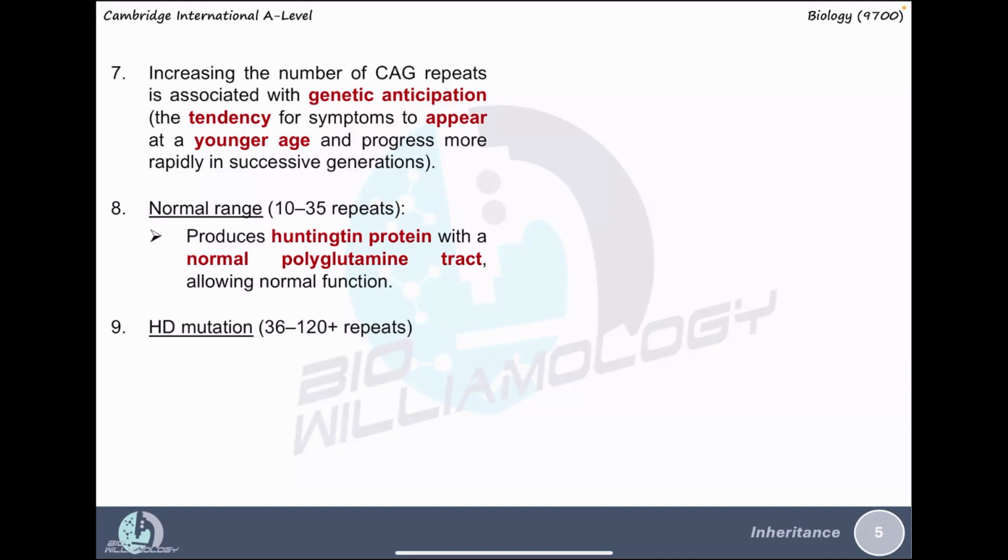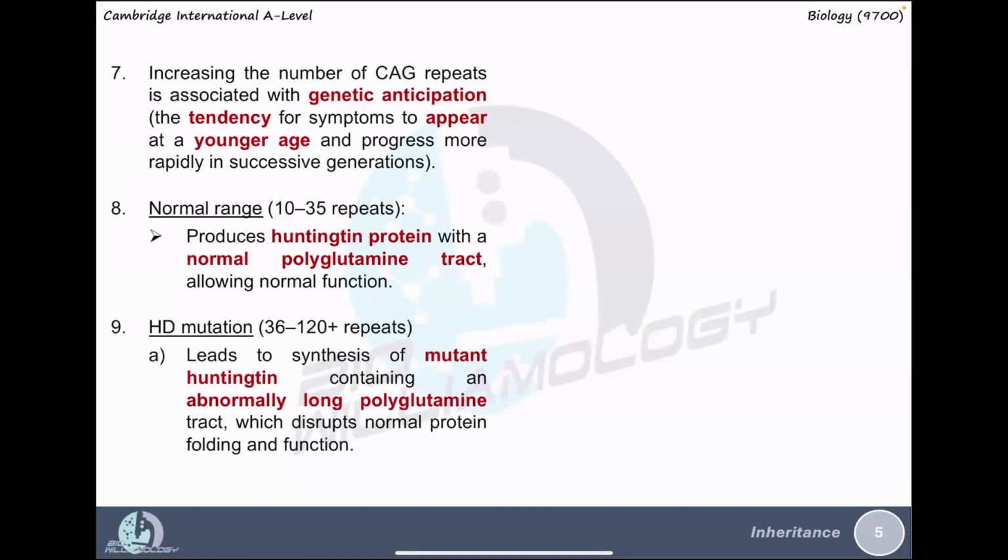However, in Huntington disease, the gene mutation occurs with 36 to more than 120 repeats. This leads to the synthesis of mutant Huntington protein containing an abnormally long polyglutamine tract, which disrupts the normal protein folding as well as the functions of Huntington protein.